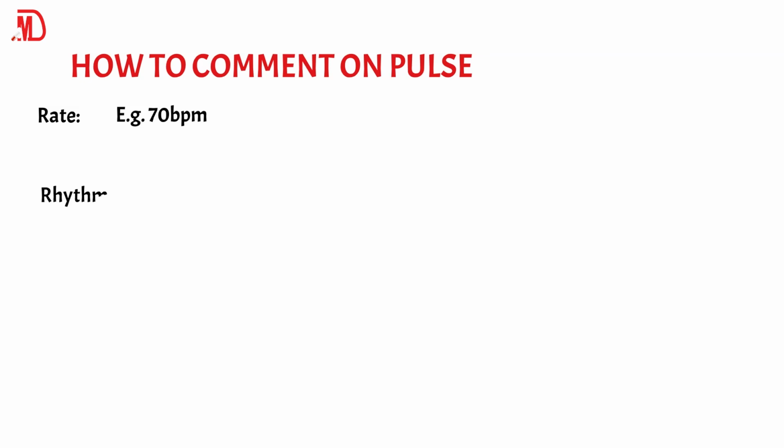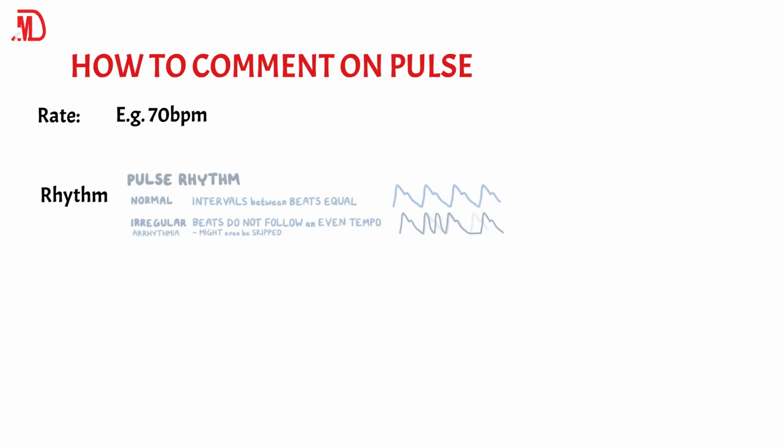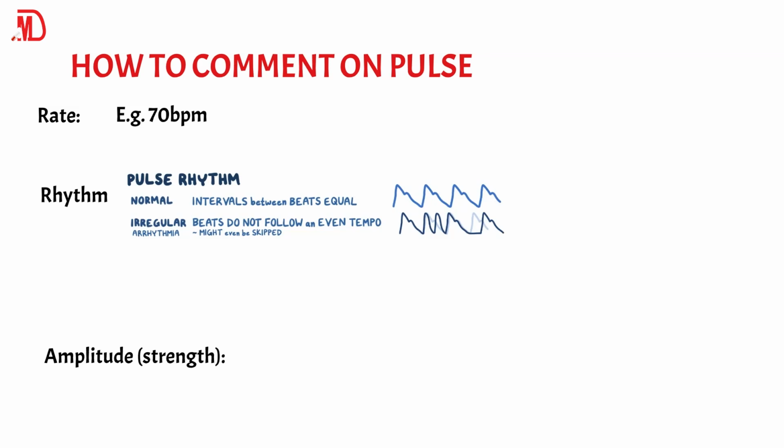2. The rhythm. The rhythm describes whether the pulse is regular, that is even intervals between beats, or irregular, that is uneven intervals between beats. Third point is the amplitude or the strength.